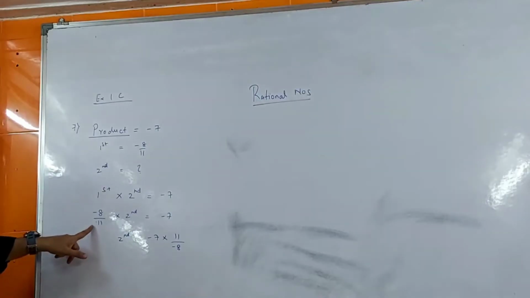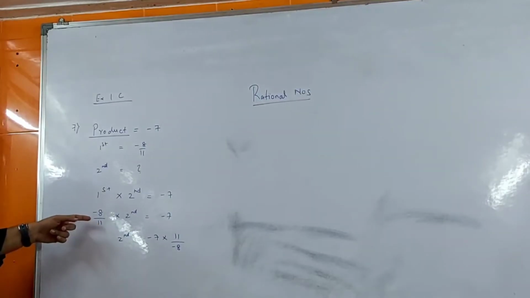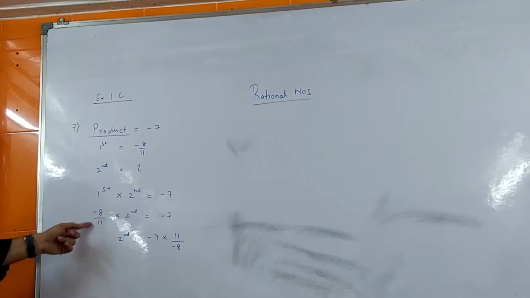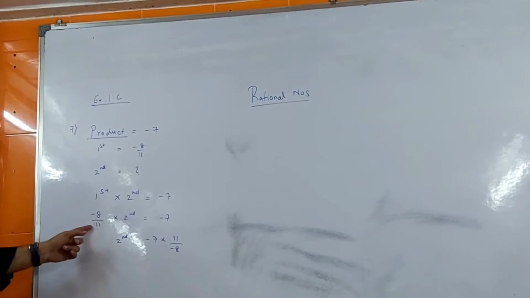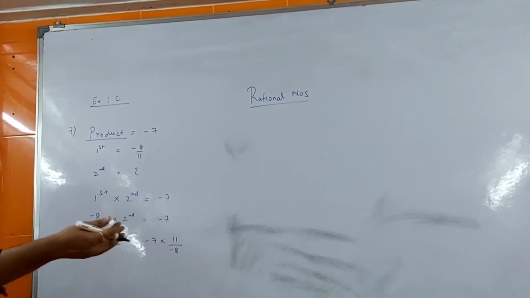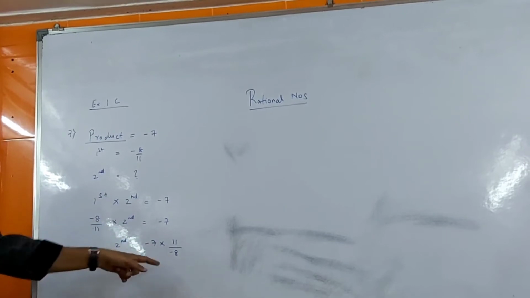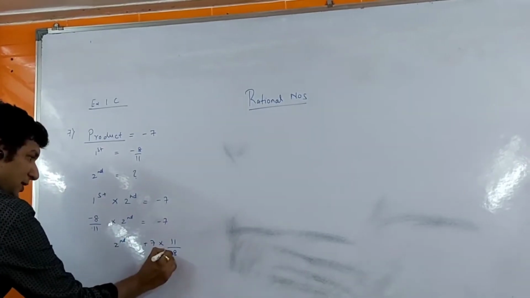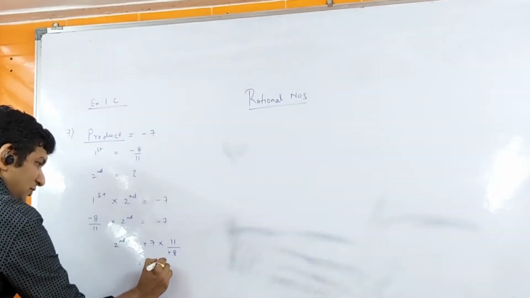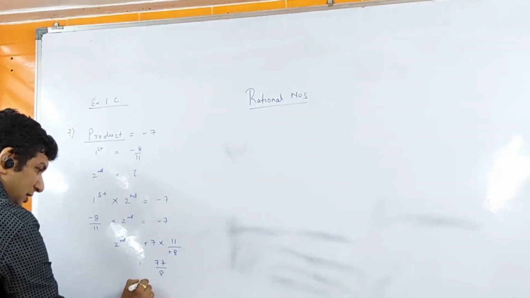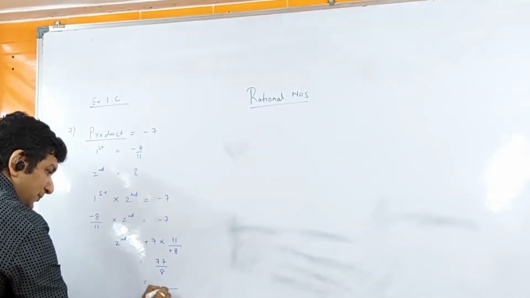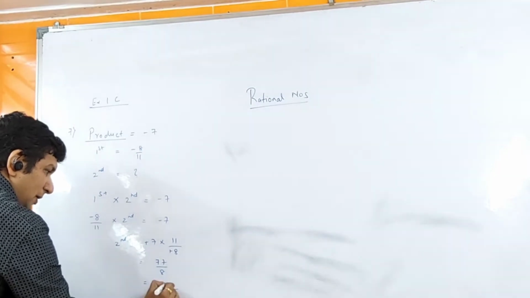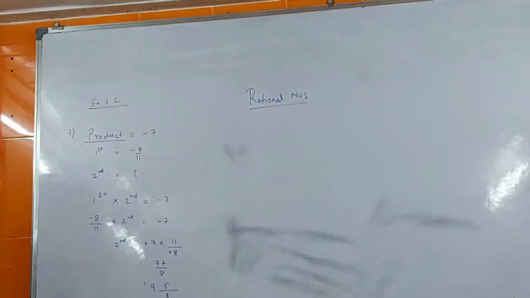So over there, this is obviously minus 8 upon 11. Here, this is in the division form in the denominator. That will become the numerator when it goes to the other side, and the numerator will become what? The denominator. Now, minus minus will get cancelled, and what is left is 77 upon 8. Again, it's an improper fraction. So 8 9s are 72 and plus 5. Answer is 9 5 upon 8.